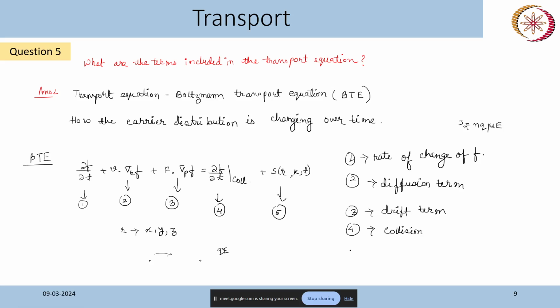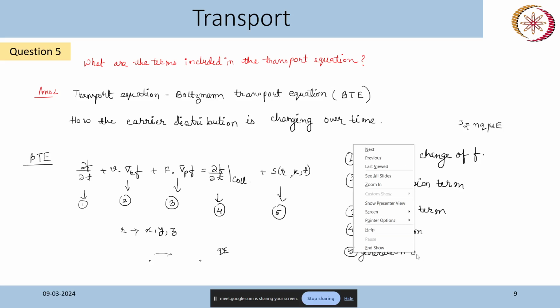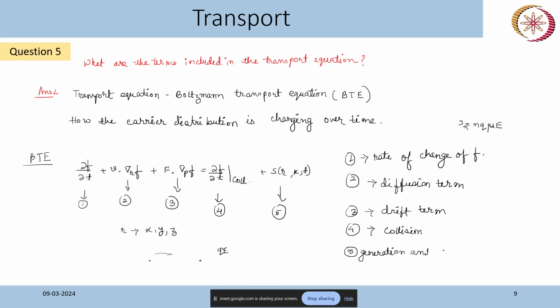And the fifth term is the generation recombination term, G minus R. If there are no excess carriers, this term will be 0.